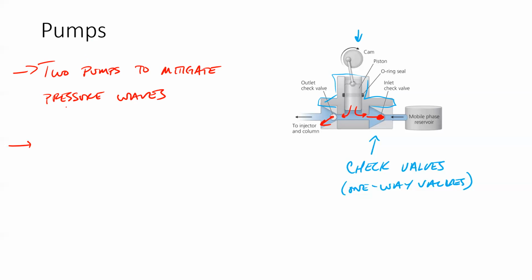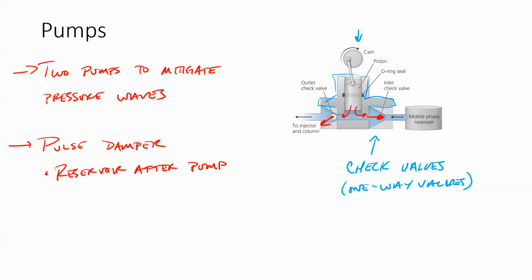In lots of instrumentation, there's also what's called a pulse damper. A pulse damper is essentially a small reservoir after the pump that fills up, and as it fills up, it sort of reduces the effect of that change in pressure.